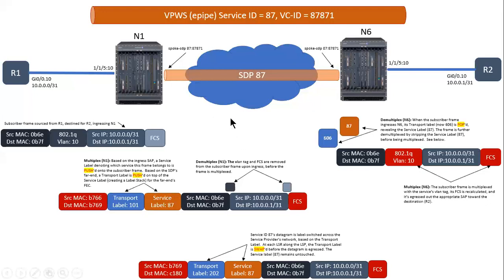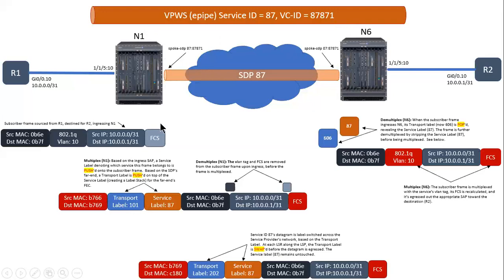So based on our targeted LDP session, that's going to dictate our transport label. In our example, our targeted LDP session is running from N1 to N6.